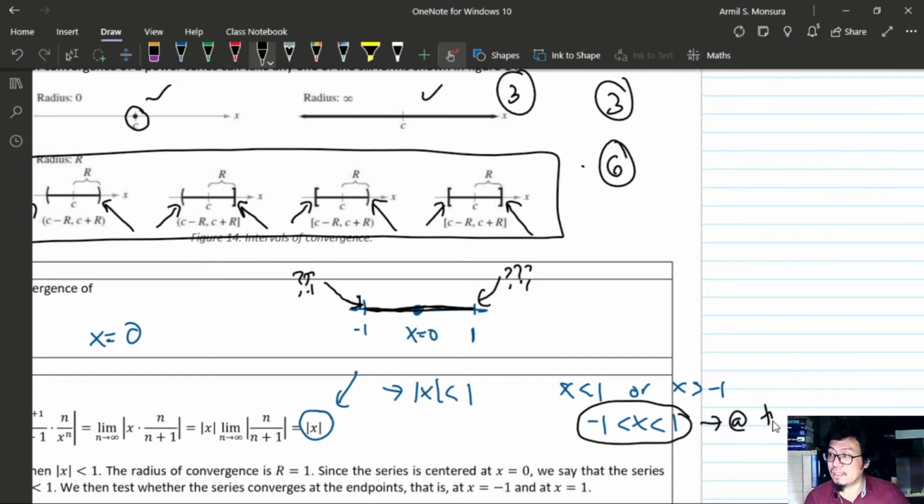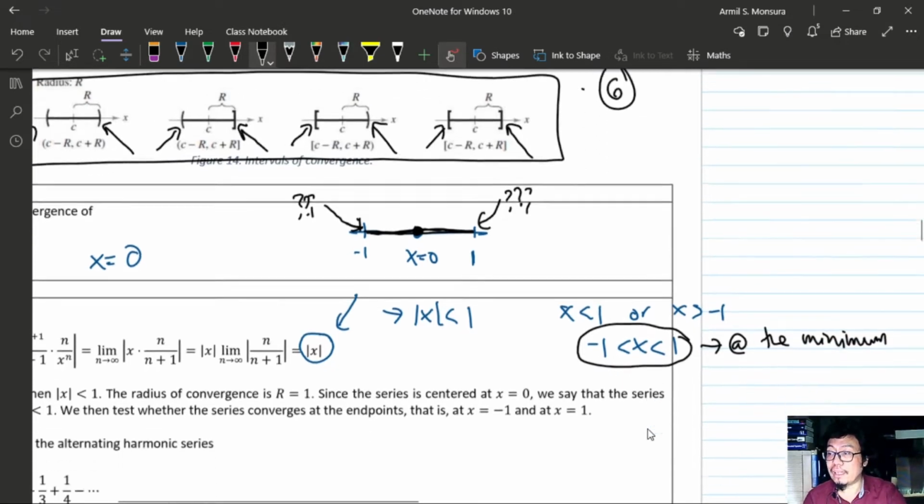Before the ratio test, we first said that at the minimum, your series is convergent here. After the ratio test, we expanded that minimum. So from the minimum convergence at this point, we now say that your series is convergent at least within this interval.